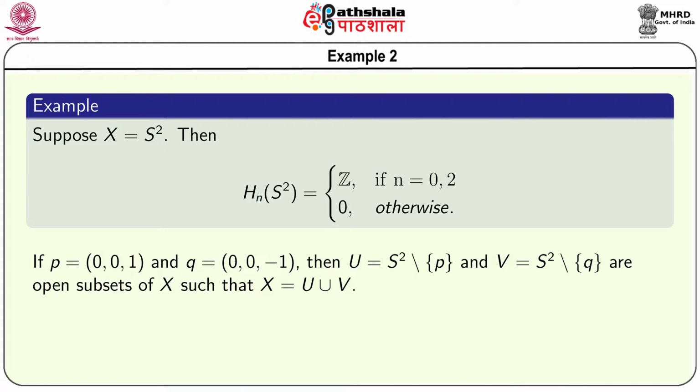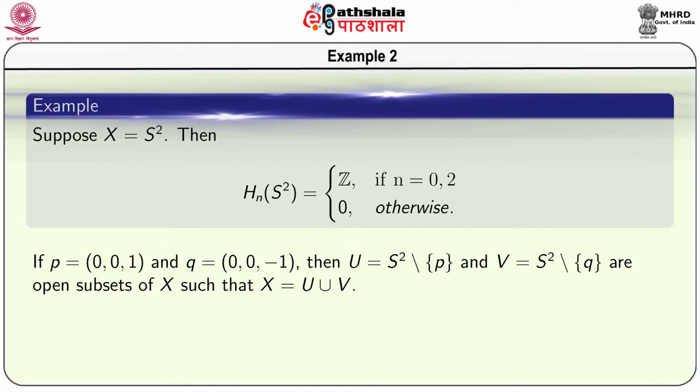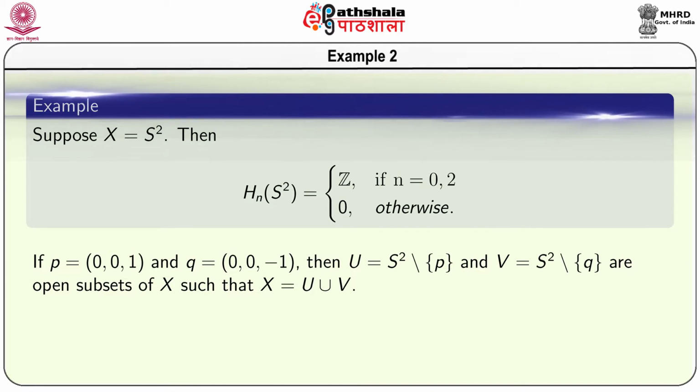In the next example, we take X as S2, the 2-sphere. Then Hn(S2) is equal to Z if n equals 0 or 2 and 0 otherwise. We wish to show this.